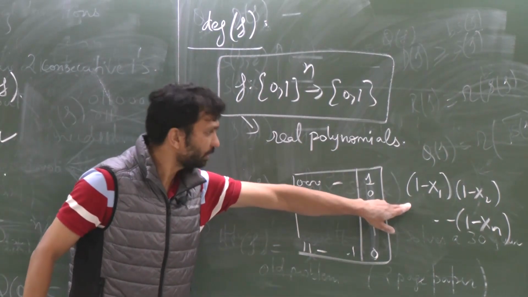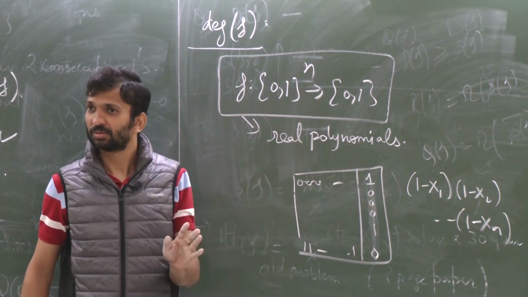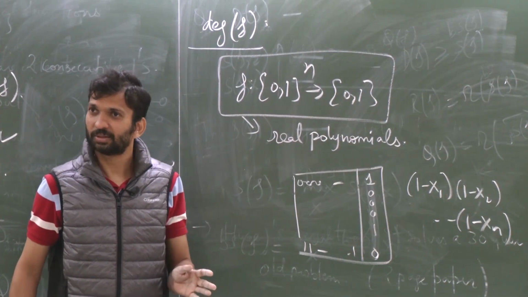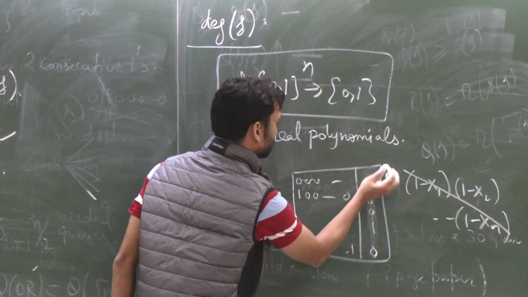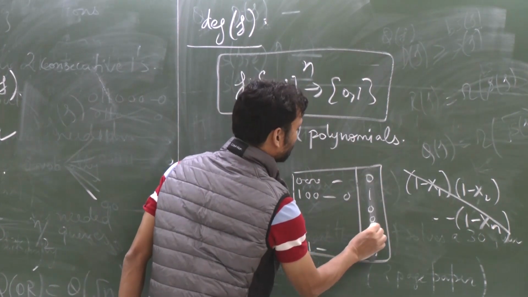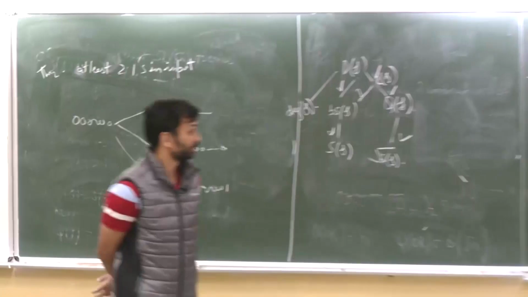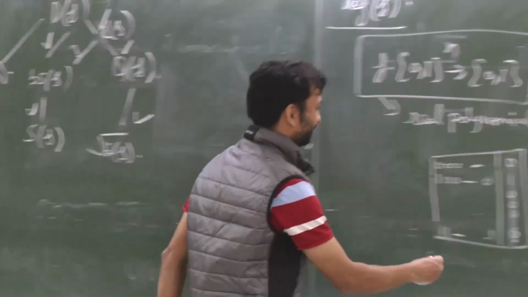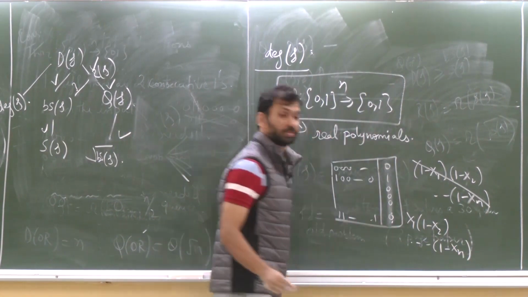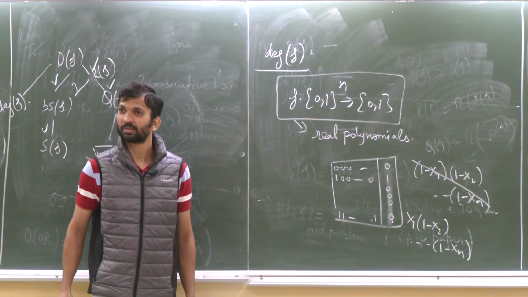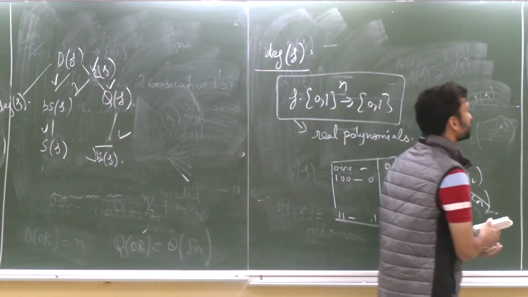This will only be 1 if everything is 0, otherwise it will be 0. Let's change this slightly. What is the polynomial? Sure. Okay. So now, can you tell me for a general function what is the polynomial?